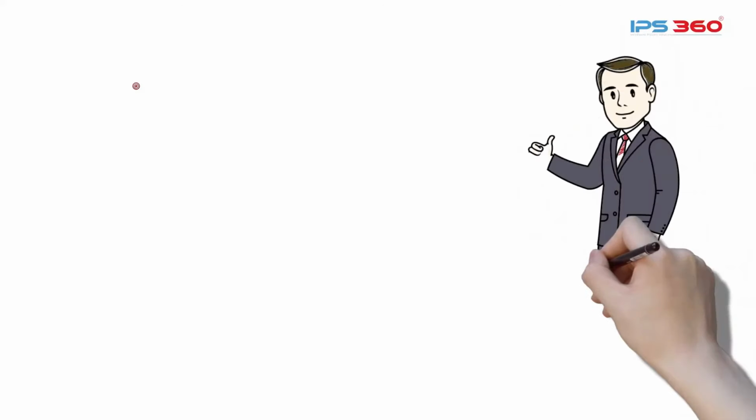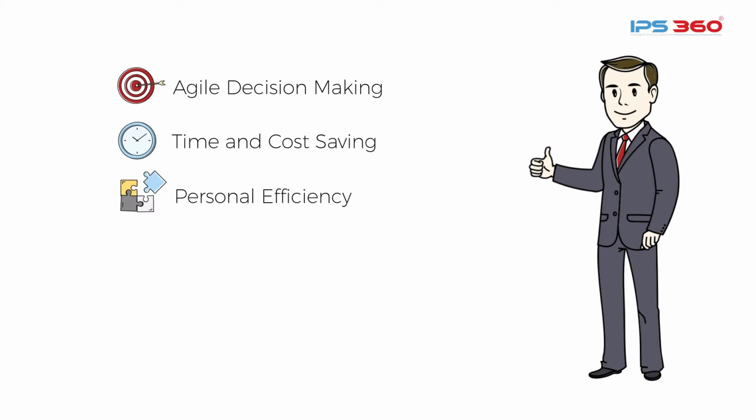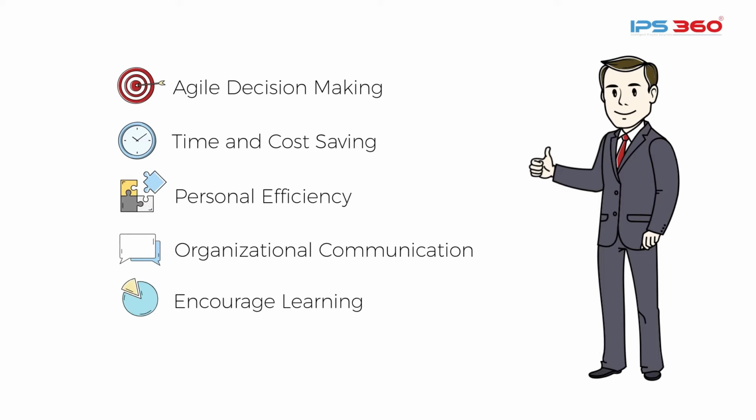While the IPS 360 ESS provides agility in decision making based on real time meaningful information, it also provides saving on time and cost, improvement in financial performance with increased efficiency, improvement in organizational communication, encouragement towards learning and performance development, and eventually, competitive advantages with strong process focus and efficiency.